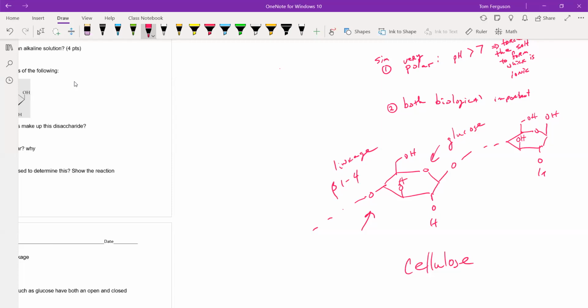Okay. So what does this look like? So this is the last glucose in the chain.